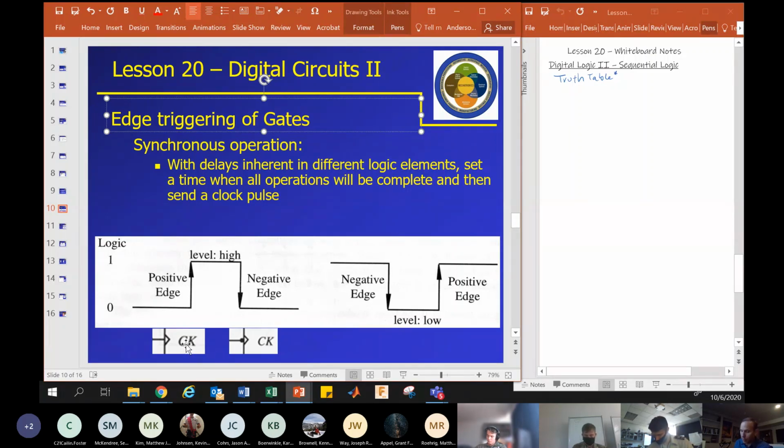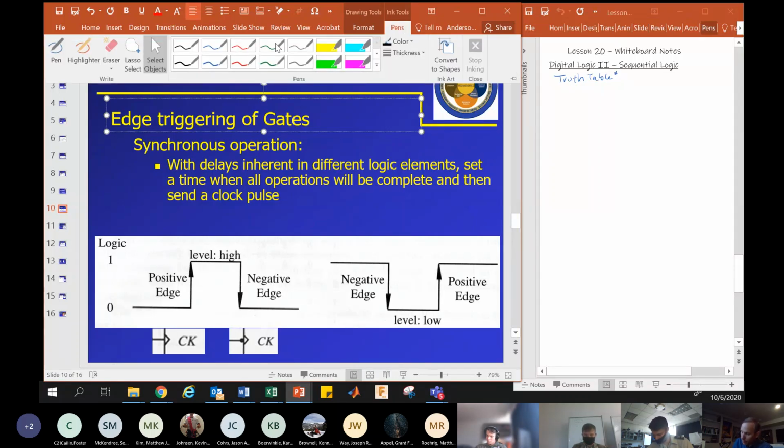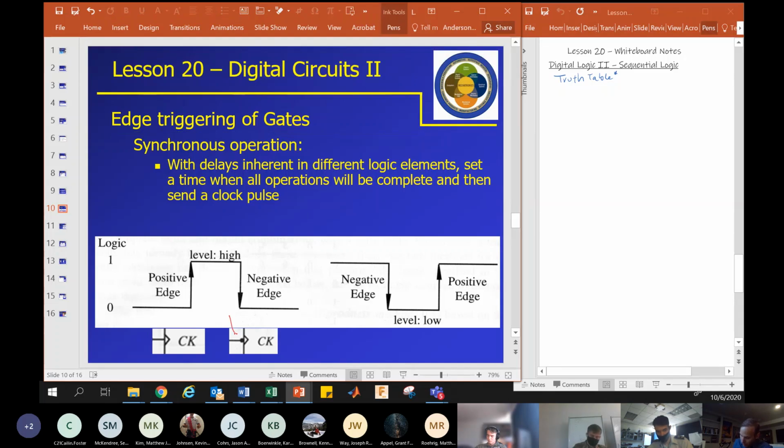That's a rising edge or a positive edge triggered. If you see this dot here, that means it's negative edge triggered, and it waits for the falling edge to be triggered. And this is critical because we want these devices to operate extremely fast, and we need the ability to precisely time when things happen.